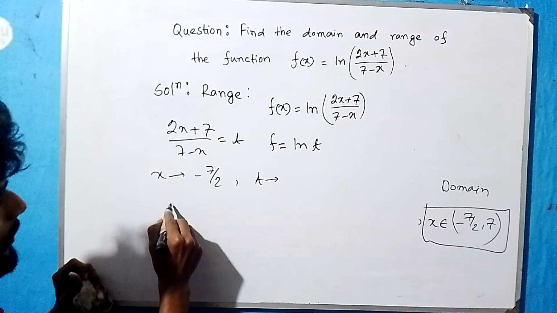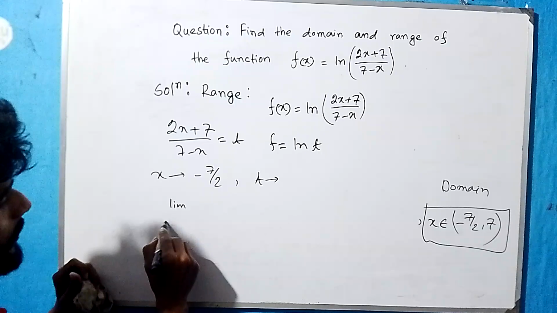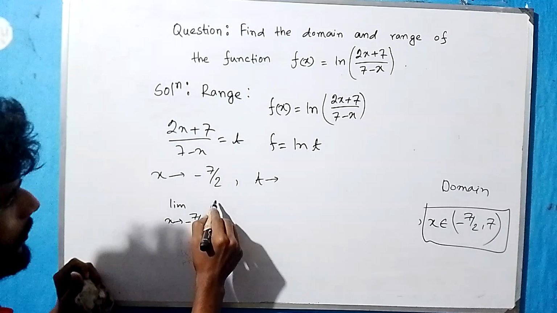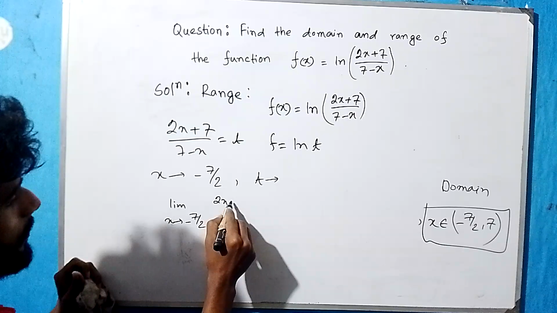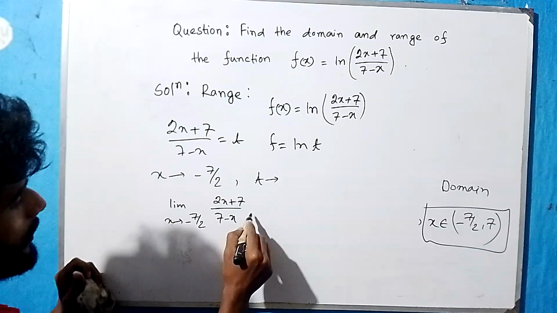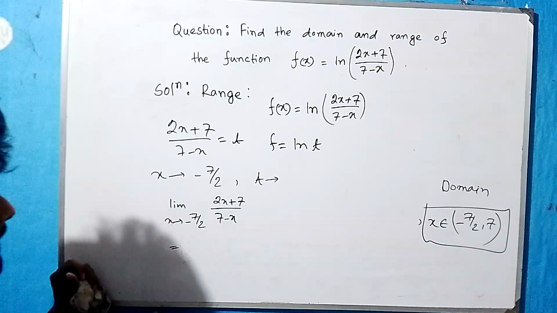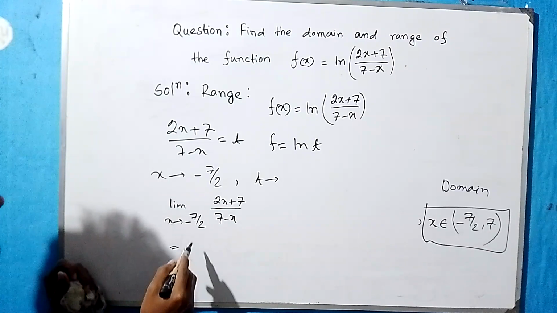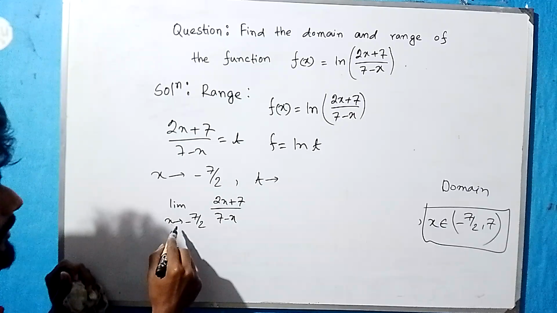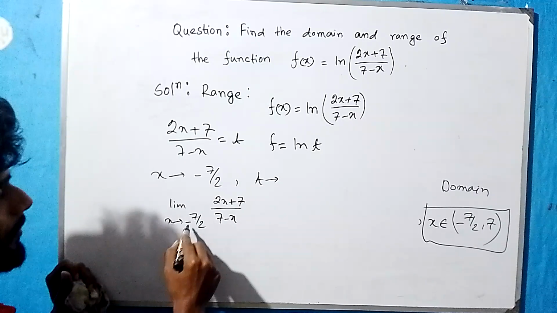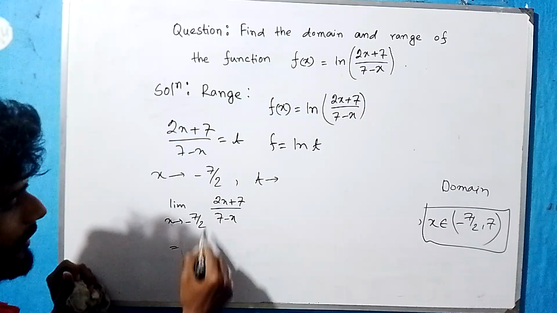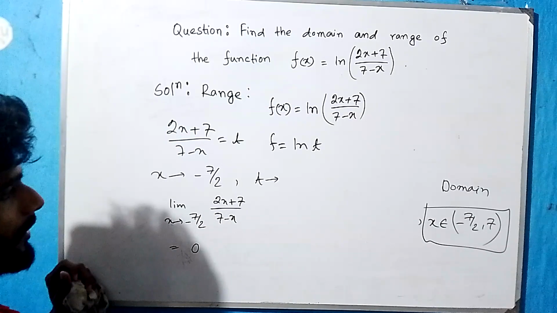Now our limit x tends to negative 7 by 2 of twice x plus 7 by 7 minus x. If I put this negative 7 by 2 instead of this x, so we have 0 here, right?